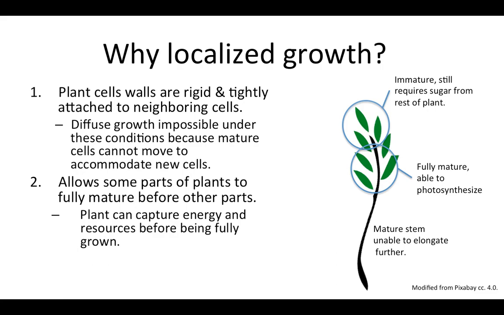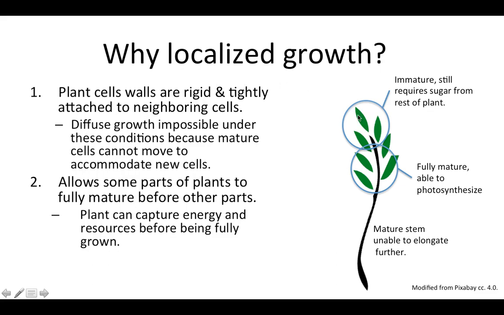I suppose they could divide to the inside and make two smaller cells, but this could never lead to growth because once the cell divided, it would never be able to push outward and acquire more space for itself. So this basically means that plants are unable to do diffuse growth, at least anywhere where their cell walls have become rigid and tightly attached.